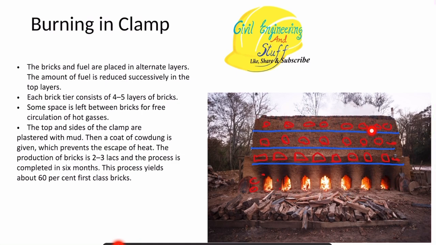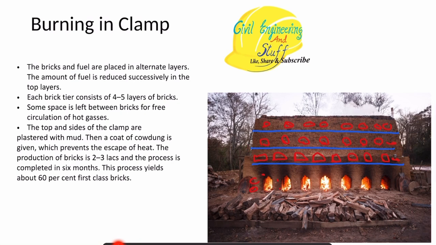So the burning of the bricks at the top level depends on the hot fumes. Because of this, the bricks placed near the burning source get too much burned, while the bricks that are far away, at the upper or top level in the clamp, are underburned. Okay, so the optimum burning is usually obtained at the middle level only, right?